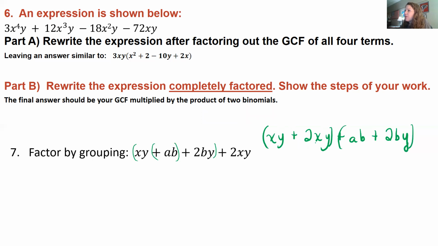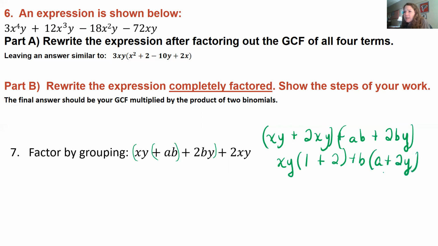So I can divide both of these by xy. xy divided by xy is 1 plus 2xy divided by xy is 2, which is just 3. And then I can pull out of both of these what? A b, that's it. So I end up with a plus 2y.